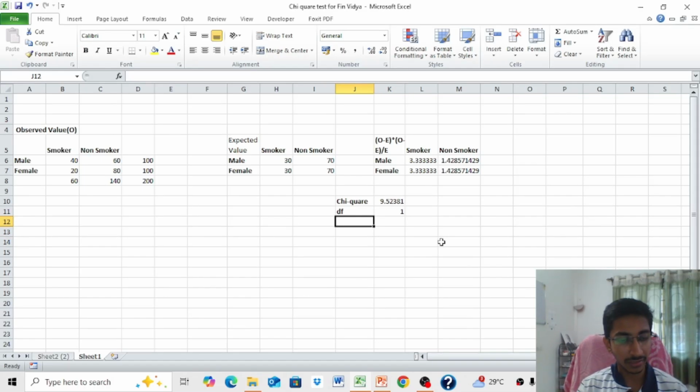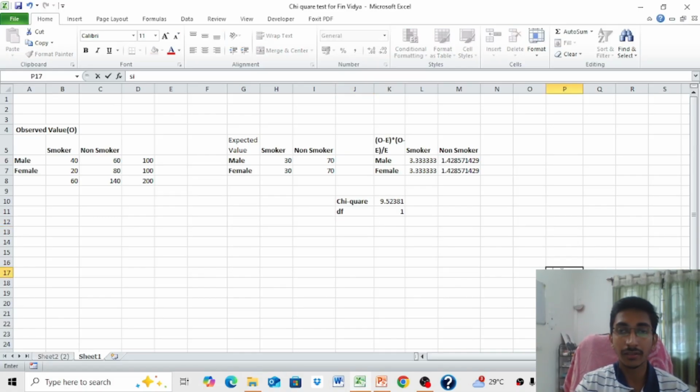Now we have to take the decision. We can take it in two ways: by comparing the table value with the chi-square calculated value, or by comparing the p value. Our significance level would be 0.05. Just write it down, 0.05, right.